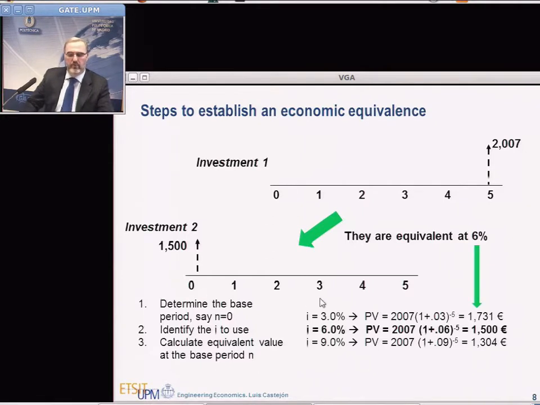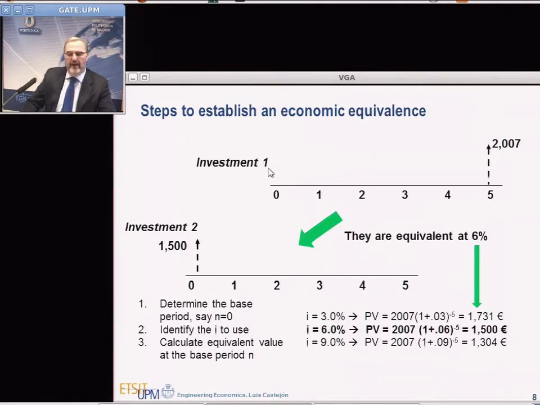So the first thing to do to establish an economic equivalence is to know the present value of the future amounts, usually at the moment today, at time n equals 0. As investment 2 is based on n equals 0, we don't have to do anything with it.